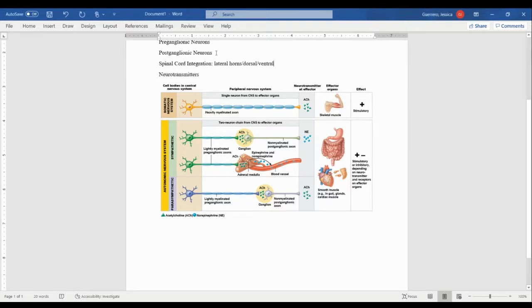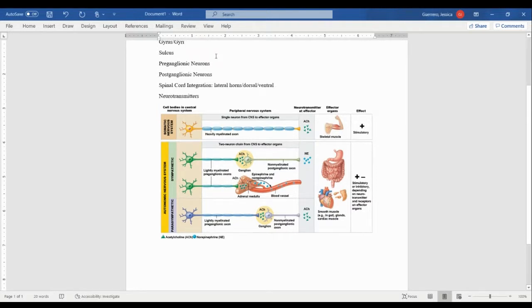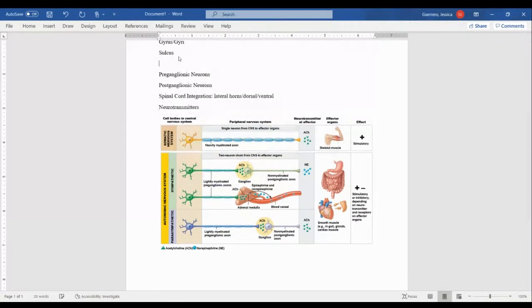You do need to be able to distinguish between the parasympathetic and sympathetic divisions of the autonomic nervous system.